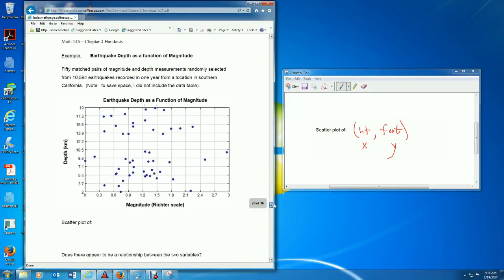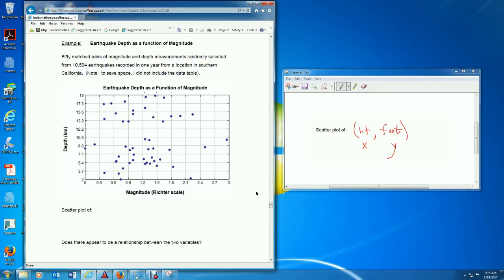If we go on to the next page, earthquake depth as a function of magnitude. This data is different in the 13th edition, so if you want to try to make this plot in StatDisk, you need to go to the 12th edition data sets.